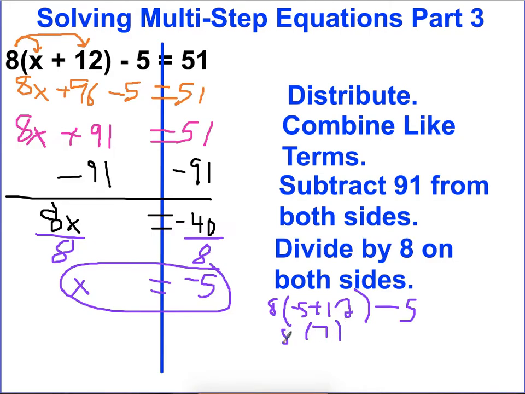This 8 stays on the front, and then I have this minus 5 here. Remember that a number next to a number in parentheses means to multiply, so that's 56 minus 5. Simplify that, 56 minus 5, you get 51. And that makes the equation true because on the left side you'll have 51 and on the right side you'll have 51. That means that we did that right.